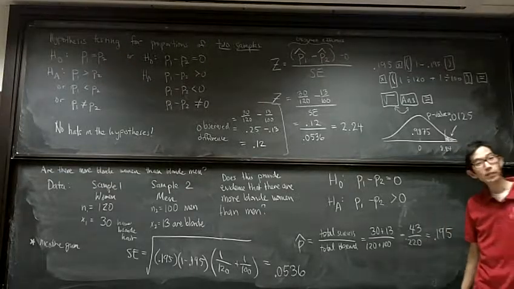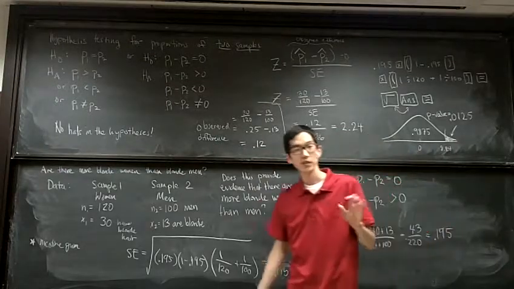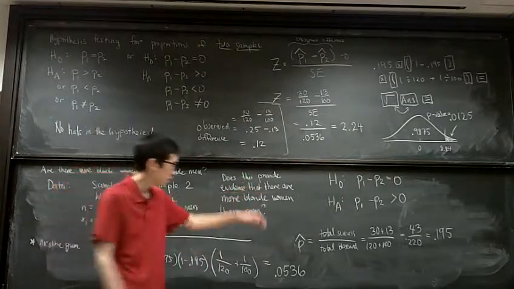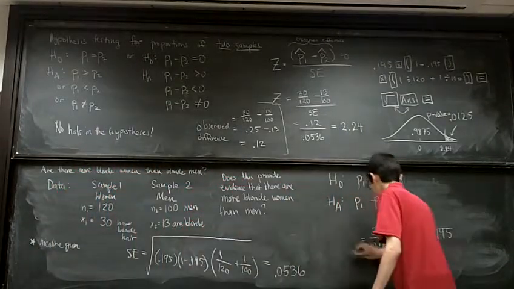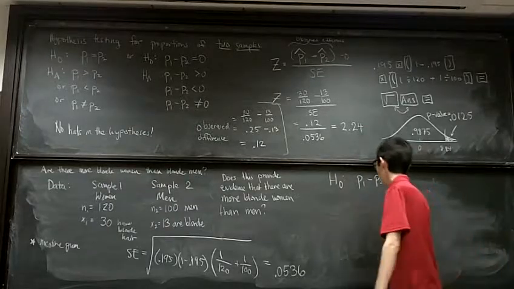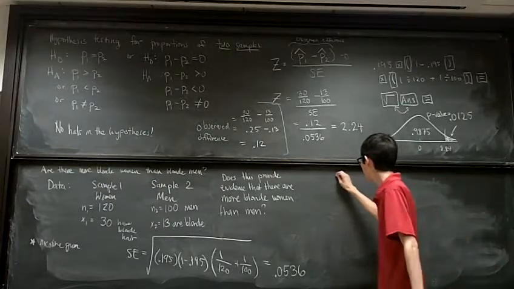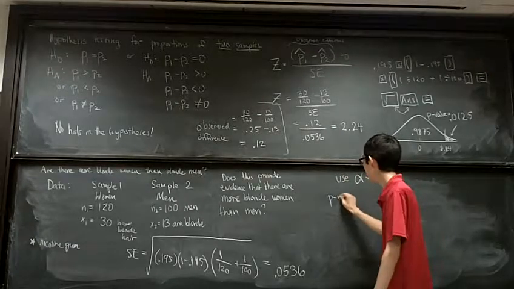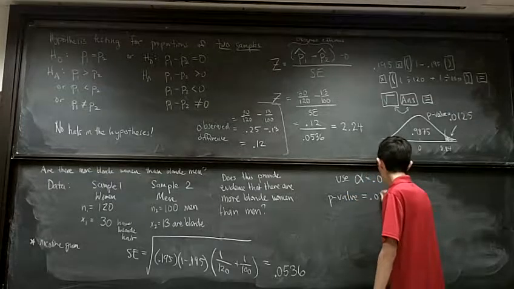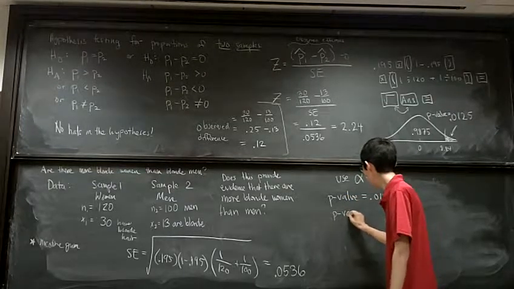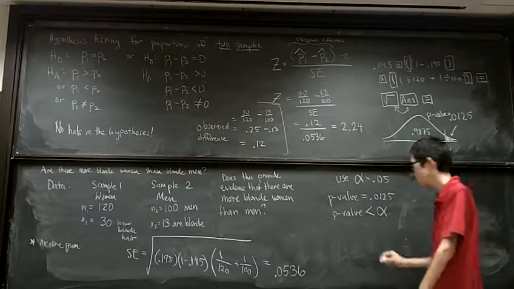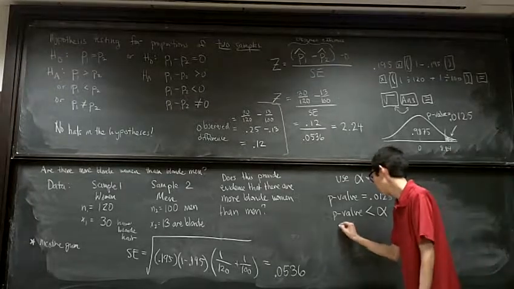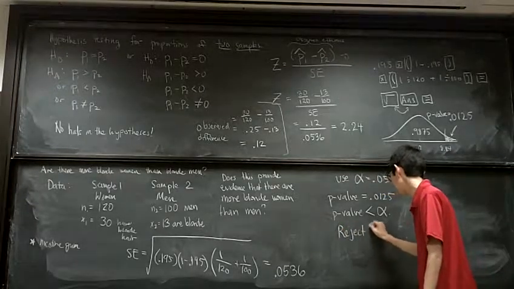So if I use an alpha of 5%, is my p-value bigger or smaller than alpha? Smaller. So let's say we use alpha equal to 5%. My p-value is equal to 0.0125. That means my p-value is less than alpha. So our conclusion is we reject the null hypothesis.